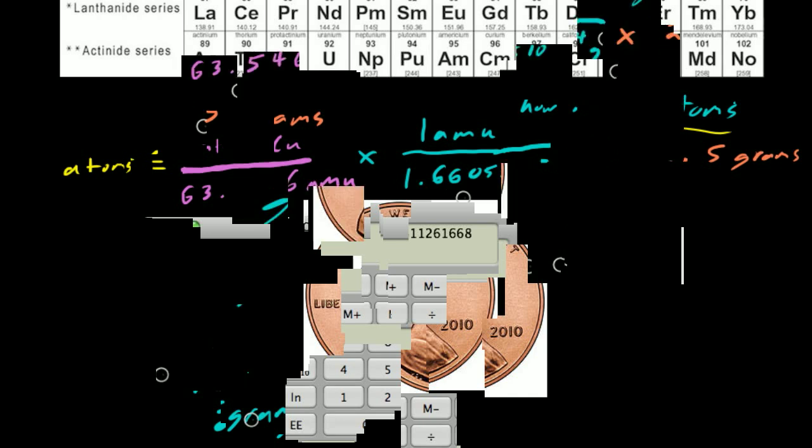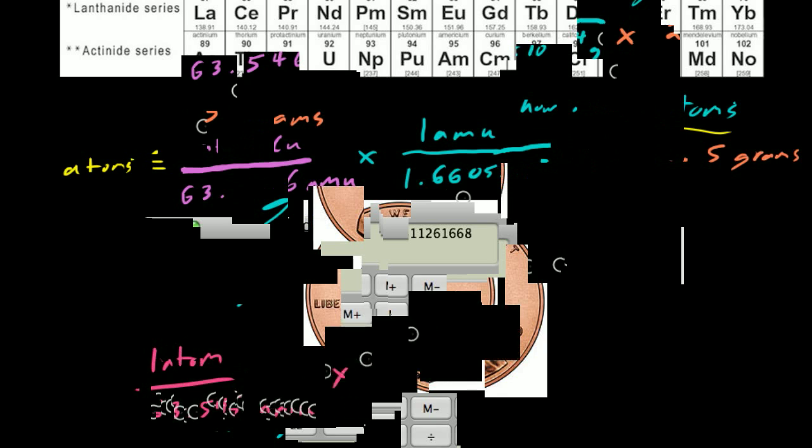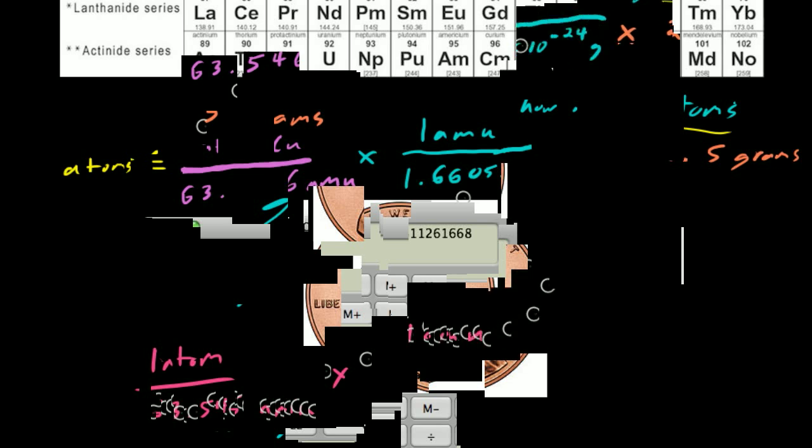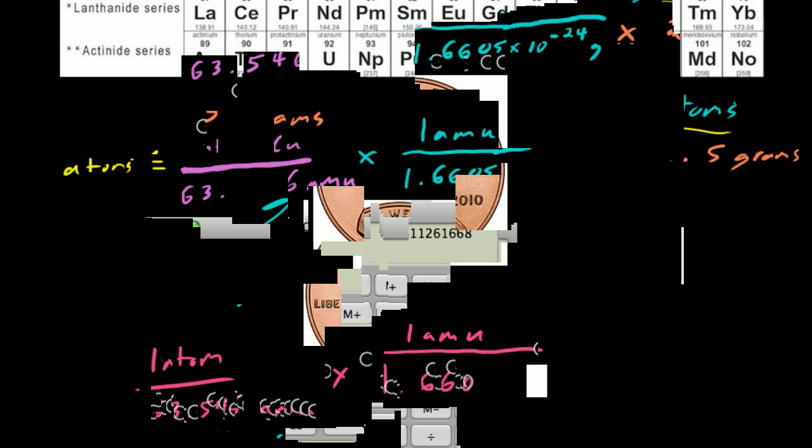So if we start with 1 atom over 63.546 AMU, multiplied by 1 AMU, and on the bottom of our expression we've got this number, 1.6605, times 10 to the minus 24th grams.